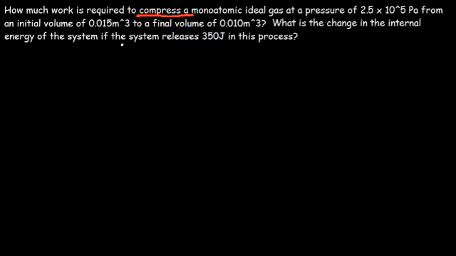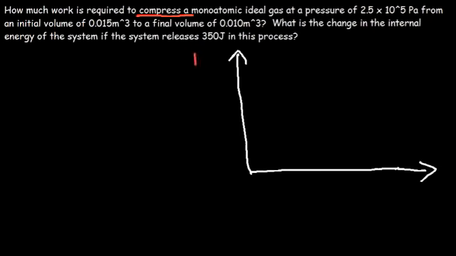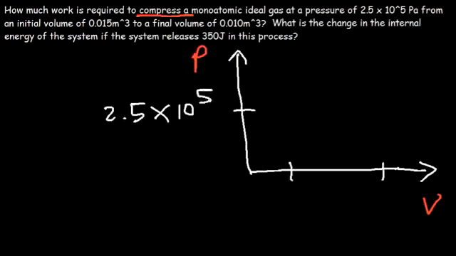Now let's draw a PV diagram for this isobaric process. This is a graph that contains pressure and volume. We're going to put pressure on the y-axis, volume on the x-axis. The pressure is at 2.5 times 10 to the 5 pascals. And we have two volumes.